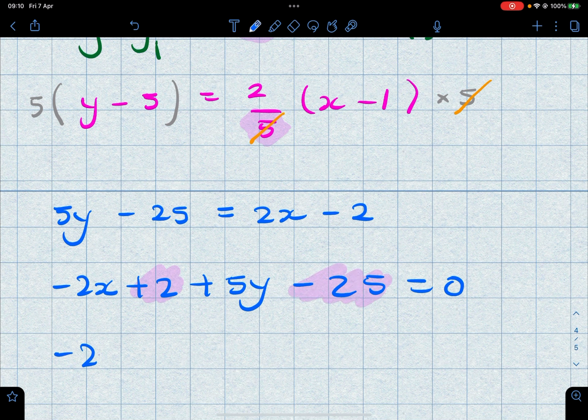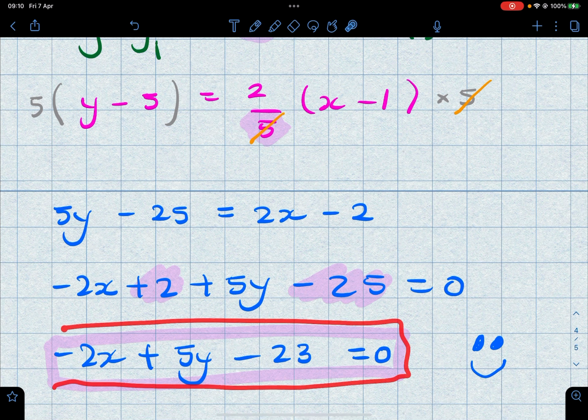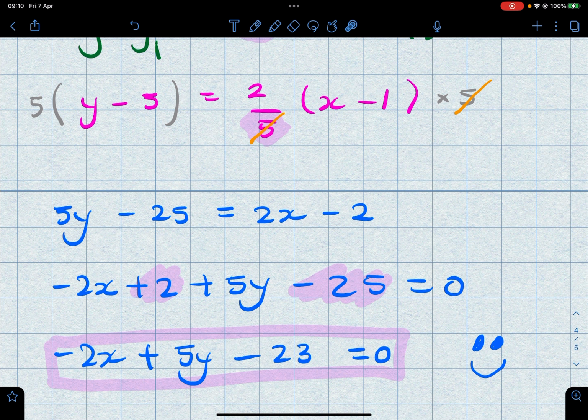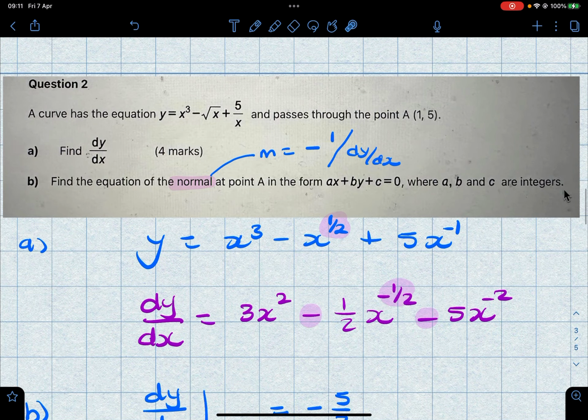So you get minus 2x plus 5y minus 23 equals 0, and that is your final answer. Okay, that is the equation of the normal to the curve at the point 1, 5. There's no fractions here, and it's ax plus by plus c equals 0. It's the way they want it.